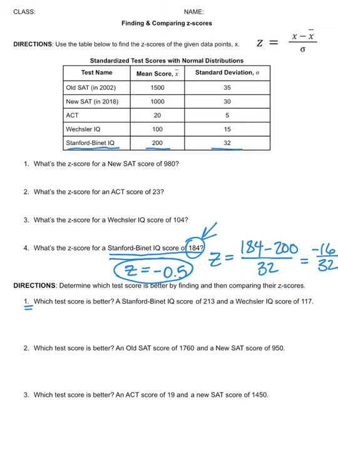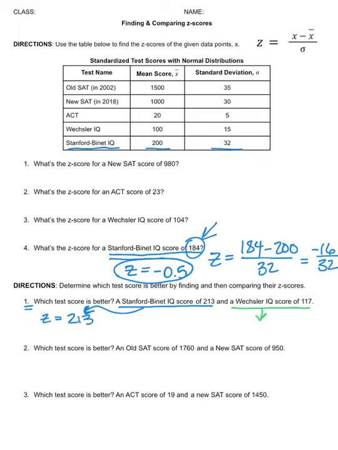So we're going to find 2 z-scores. First, we're going to use this one, and then we'll find this one. So I'll color code so we can keep them in order. All right, a Stanford Binet IQ score of 213. So 213 is my x value again.